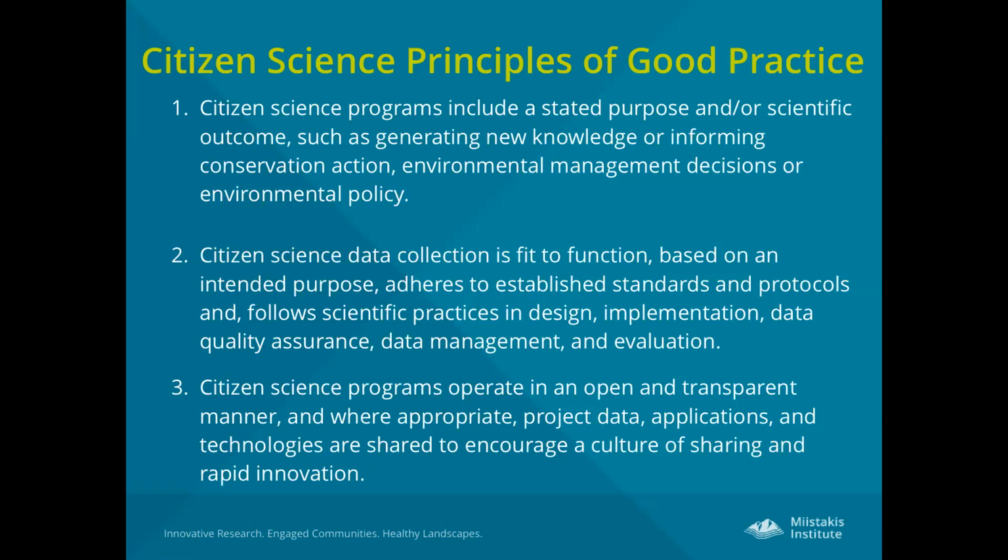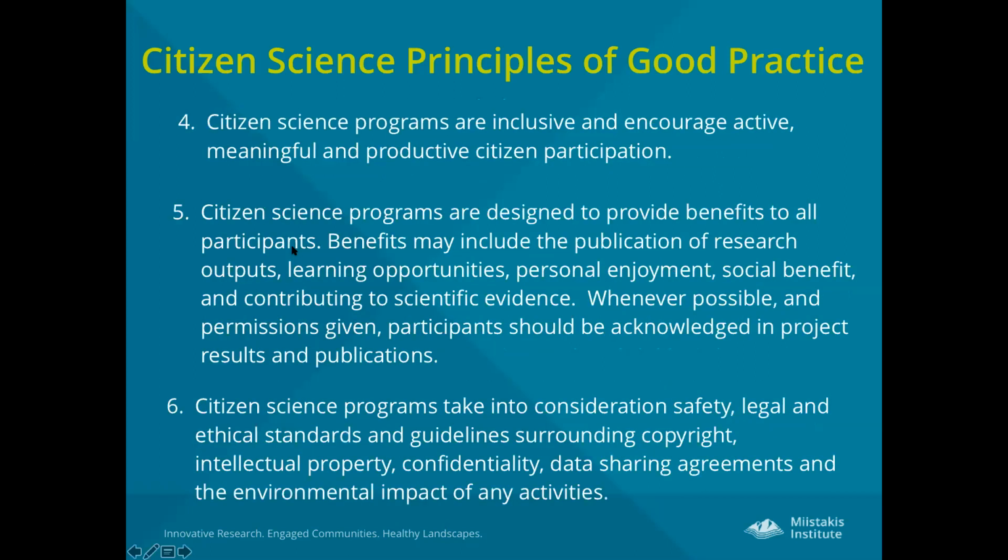Third, that citizen science programs operate in an open and transparent manner. Again, you can see these commonalities to other principles we've seen about accessibility and openness. The fourth is that citizen science programs are inclusive and encourage active, meaningful, and productive participation.